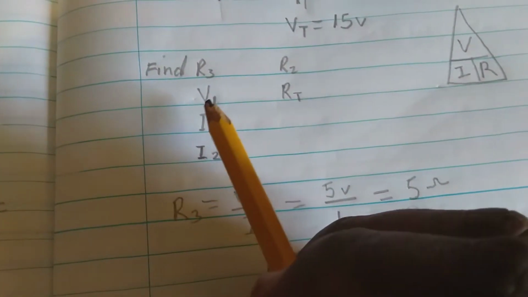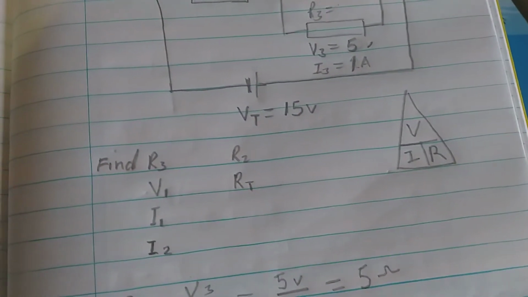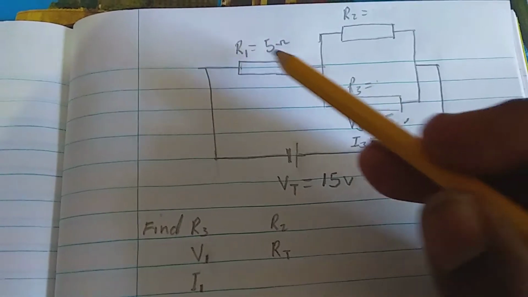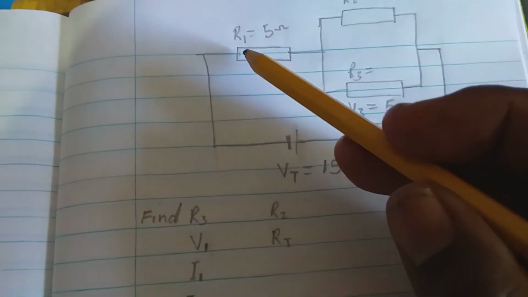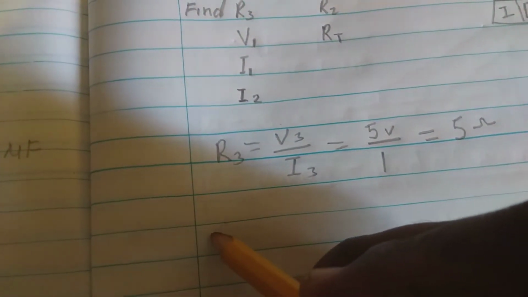The next one that we're looking at is V1. V1 is across this resistor R1. We're looking for V1.